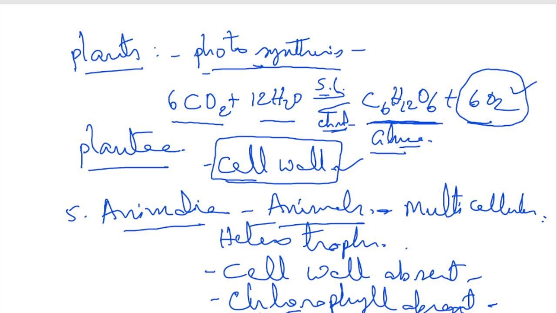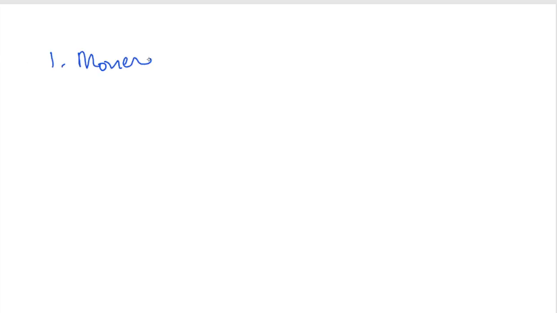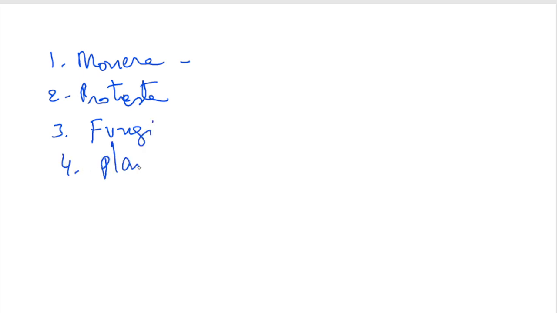Like this, according to Whittaker, all the living beings on the earth are classified into 5 kingdoms. Those 5 kingdoms are: the first one is Monera, second one is Protista, third one is Fungi, fourth one is Plantae, fifth one is Animalia.